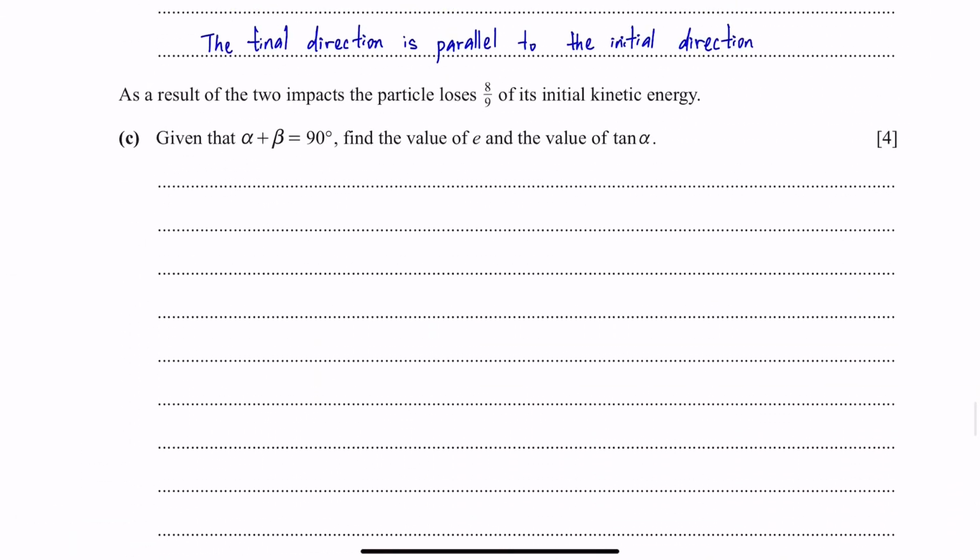So now we can take the third equation, square it, plus the square of the fourth equation. So we have W squared cos squared gamma plus W squared sine squared gamma equals V squared sine squared beta plus E squared V squared cos squared beta.